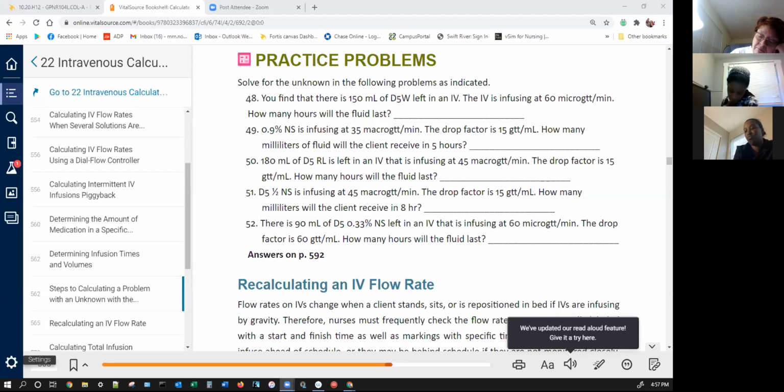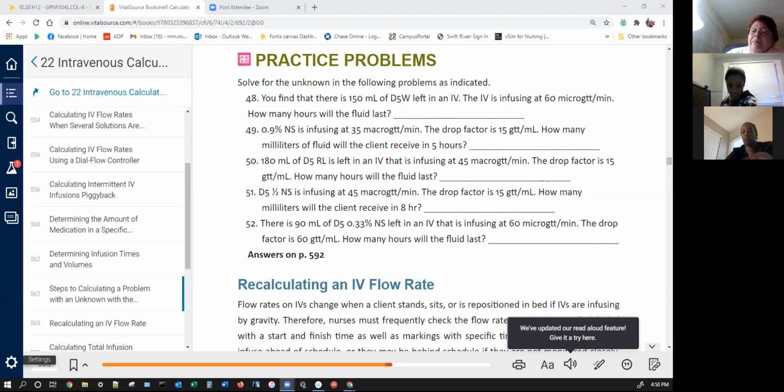So, x equals 45. What are we looking for? How many hours? So it's going to be 60 minutes, right? And that equals 1 hour.